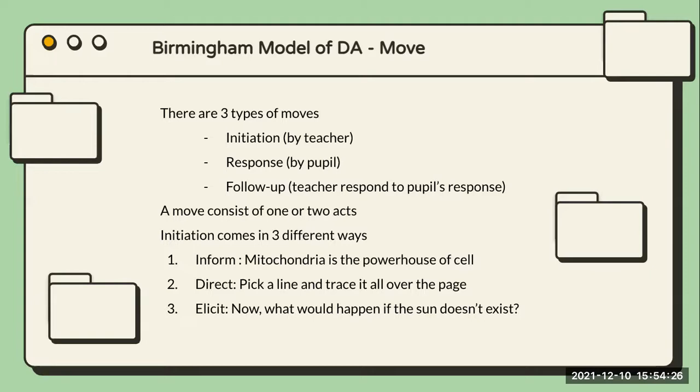First is inform, and an example of inform is, mitochondria is the powerhouse of the cell. The second one is direct. The example is, pick a line and trace it all over the page. And the last one is elicit. The example is, now, what would happen if the sun doesn't exist?